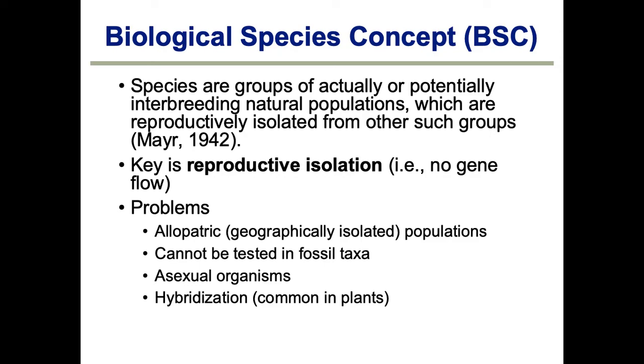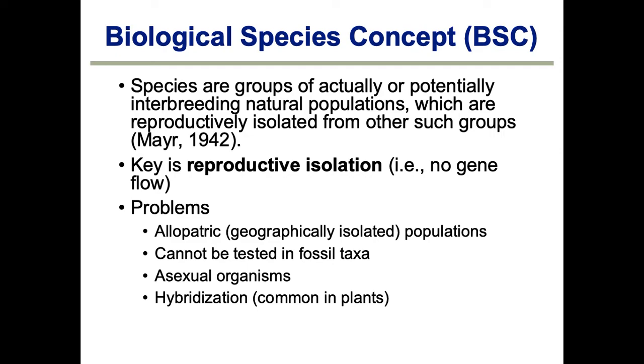And then you get asexual organisms. So these are organisms that create offspring from themselves only, and they don't need to breed with something else. So then how do you define what a species is if there is no sex? We get some things, like single cell things, that just divide. Maybe they don't have any sex.